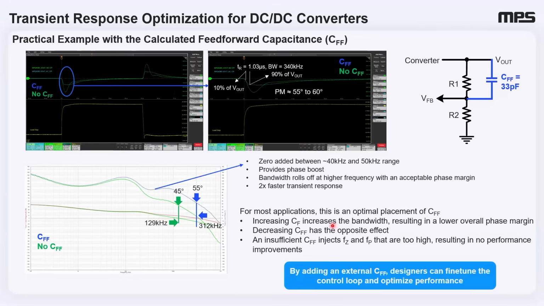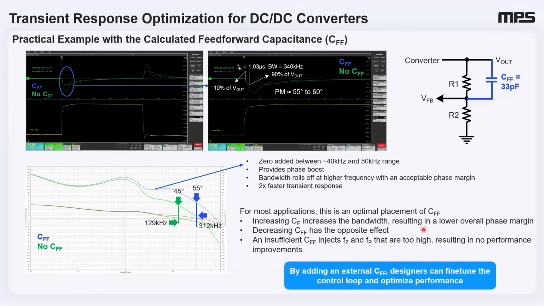There are critical considerations in designing a CFF. The placement of zero and pole demonstrated here is generally considered optimal for many power converter applications, balancing speed and stability. Increasing CFF increases the bandwidth, resulting in a lower overall phase margin.